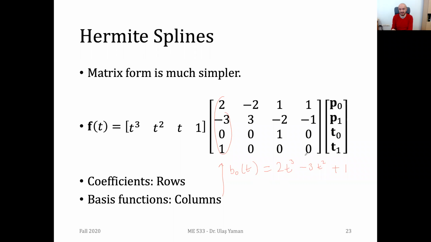Let me write the other one, for instance B3 here. That is t cubed minus t squared. If you multiply these functions with the points and the tangent vectors, you will obtain the final representation of your spline. You can do it for x and y separately, or represent them in a vector form.